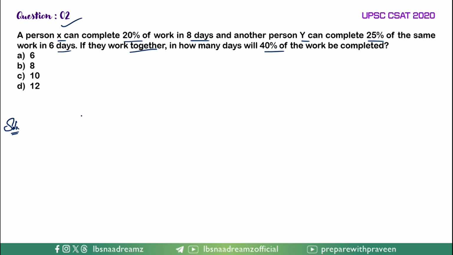Applying the same formula, X will take 8 days to complete 20% of the work. Y will take 6 days to complete 25% of the work.